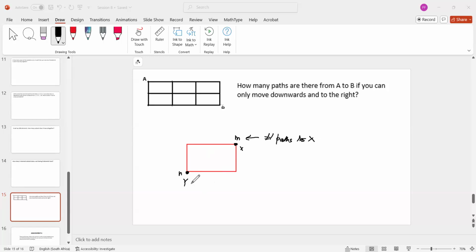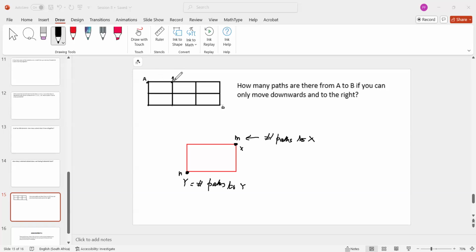It is equal to the number of paths to this point, to y. So in other words, at these vertices, I put a number which says the number of paths from that point to that point. Now, like for instance, from A to get to this point here, there's only one way of doing it.